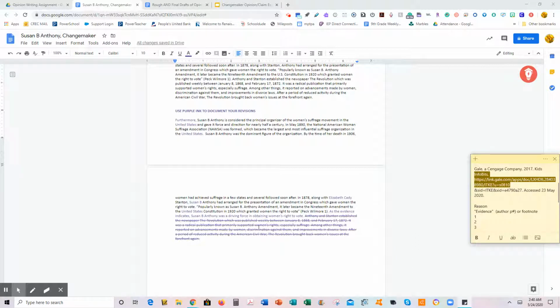So all this to me is extra. I already have my 3 reasons, so I just crossed it out. Okay? Now I may go back and edit it later and add it back in, but for now I think it's too much. So this is what it's like to revise and edit before you move forward.